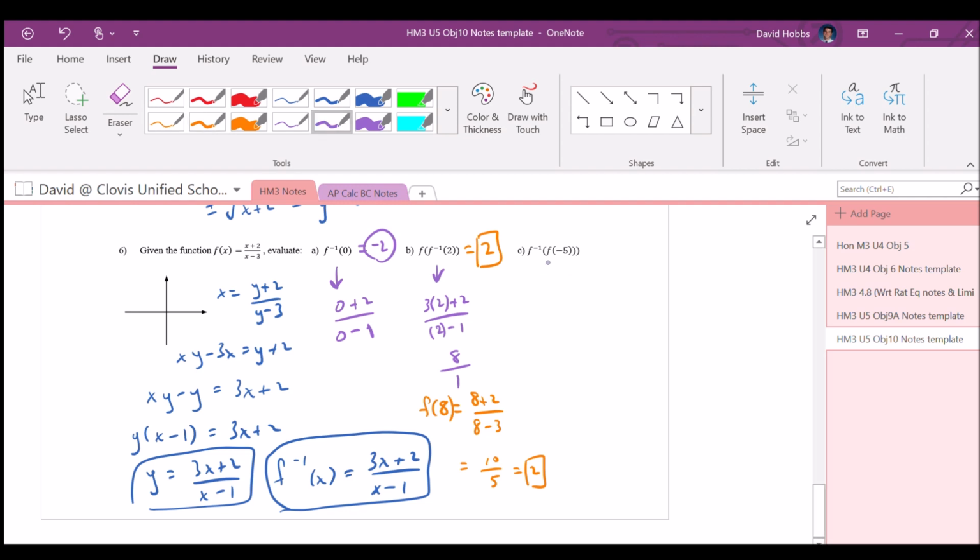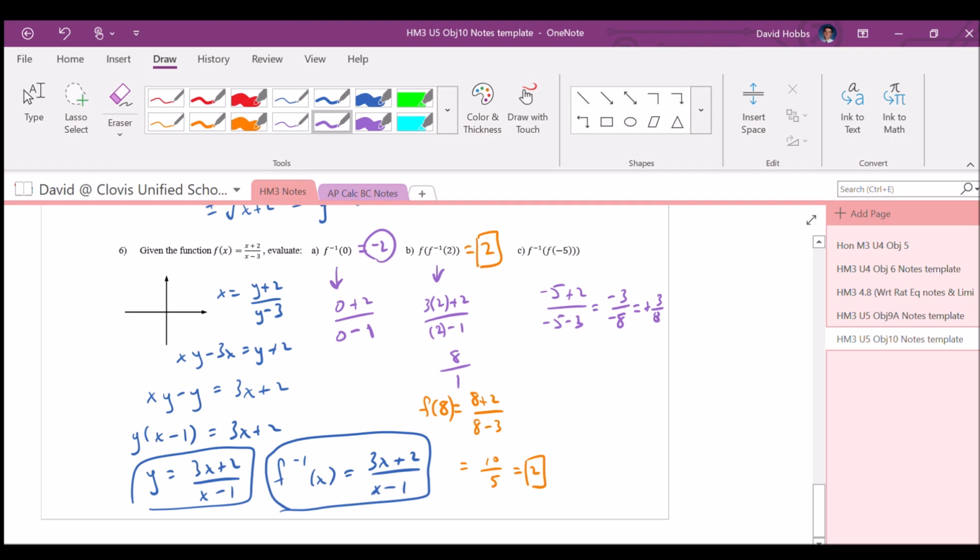Okay, so f inverse of f of negative 5. We're going to start with f this time. So f of negative 5, I've got negative 5 plus 2 over negative 5 minus 3. So that's negative 3 over negative 8, which is positive 3/8.